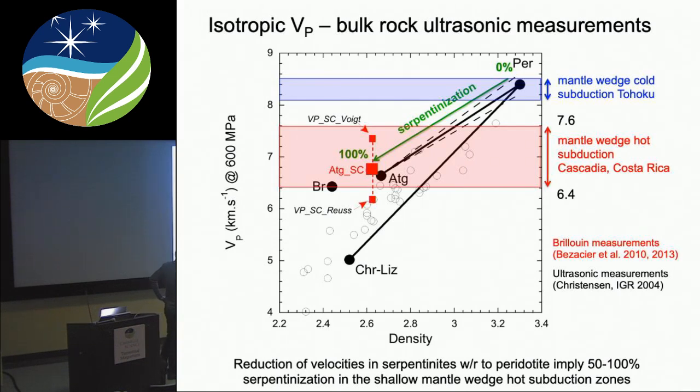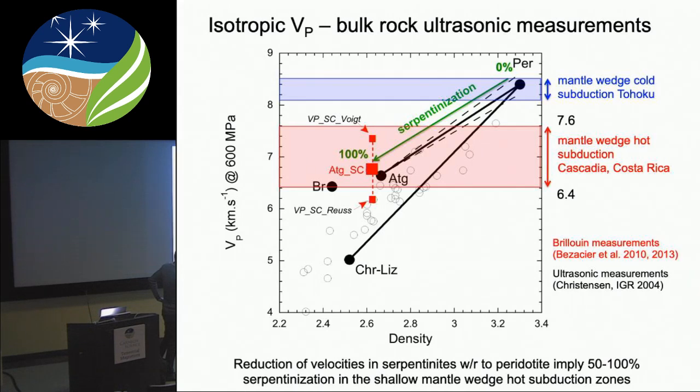So from the seismic observations, we can get the velocities and from that an estimation of the percentage of serpentinization in the mantle wedge. And we see that in cold mantle wedge, we get nearly zero serpentinization. Within error bars, this can be between 0 and 20% or something like that.